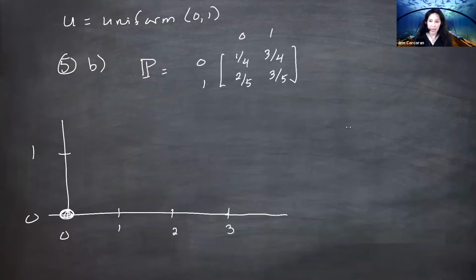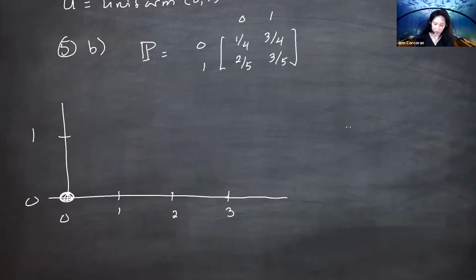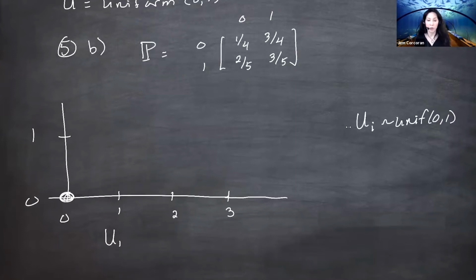For each of these time steps, you grab a uniform 0, 1 random variable from the random number generator from whatever software you're using. And then you look at the matrix to figure out where to go. Because I'm currently at state 0, I want to look at the 0 row of the matrix. That says with probability 1/4, go back to state 0, with probability 3/4, move to state 1.